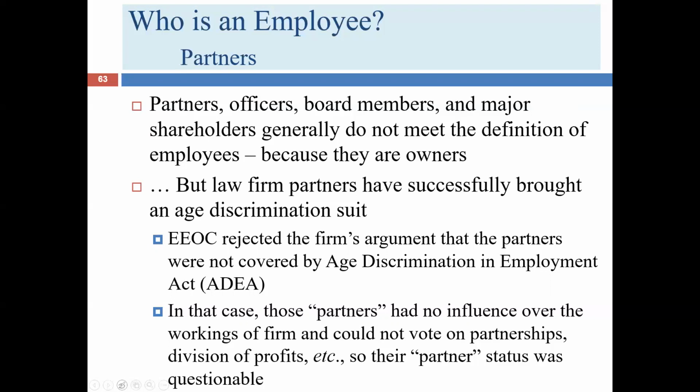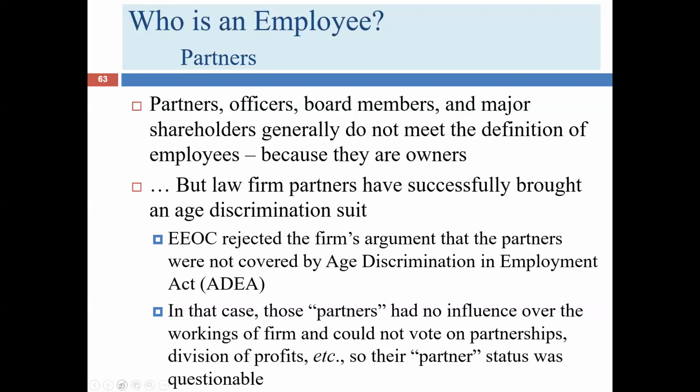So we've seen a few cases where partners in law firms have sued. Oftentimes it's because of claims of age discrimination. Many partnerships historically have had a mandatory retirement age for the partners. They can't have that for the employees, but because the partners were owners as opposed to employees, many law firms had these dates where the partners had to leave. And so a law firm partner says, I don't want to retire.